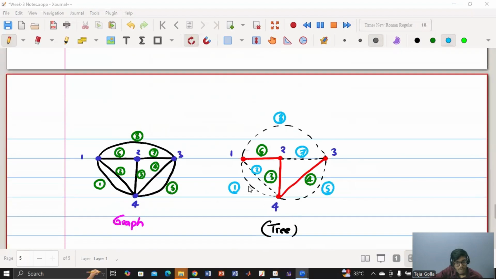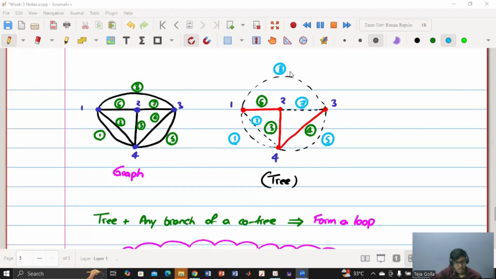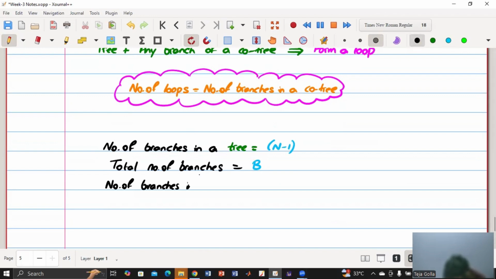And how many branches in a co-tree? How will I get it? First, I'll write the total number of branches in the circuit, which is B. Now, the number of branches in a co-tree is B minus (n minus 1).